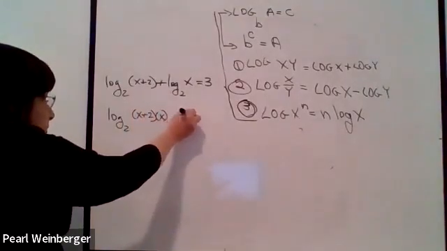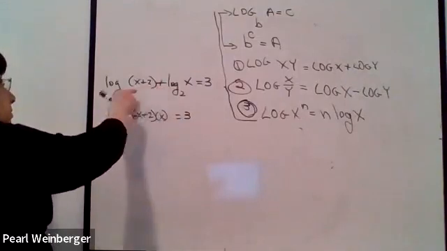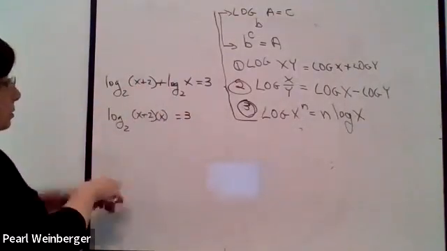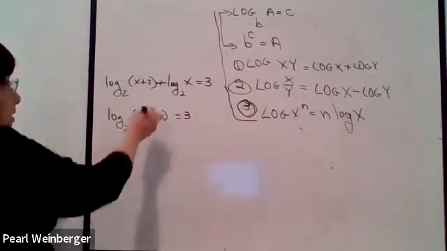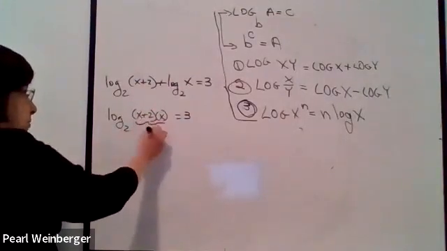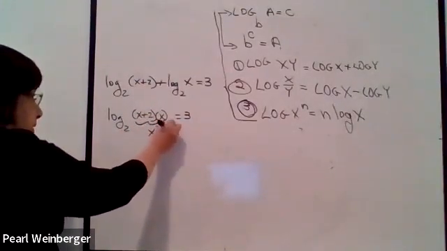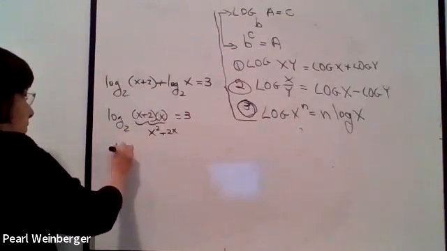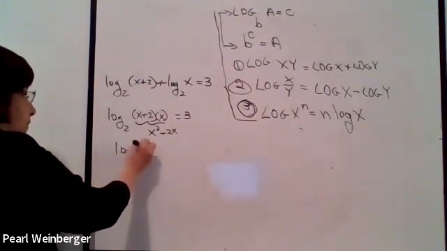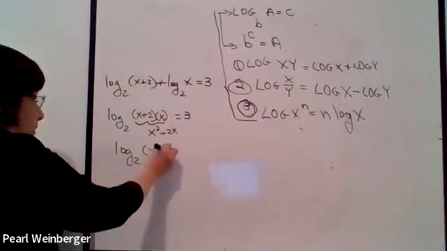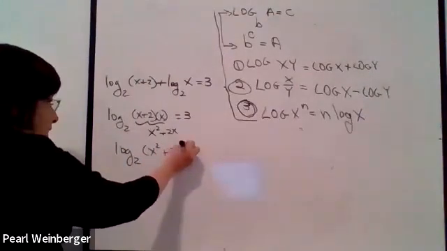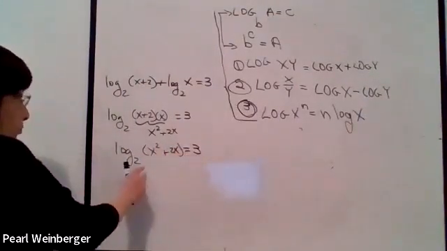That's going to be equal to my 3. This plus contracts into a multiplication. And this, of course, is x squared plus 2x. So we have log base 2 of x squared plus 2x equaling 3. Now here, be careful.